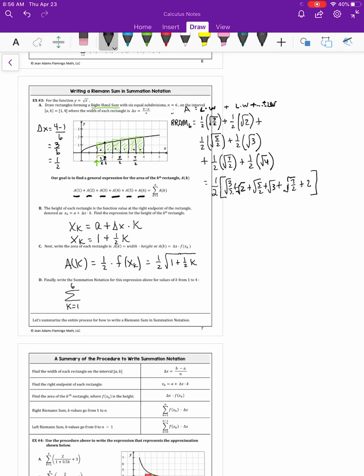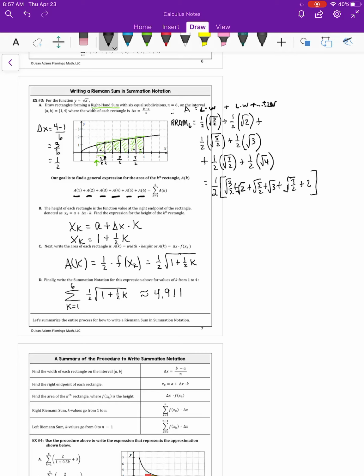Finally, write the summation notation for this expression above for values of k from 1 to 4. So we've got summation. Now, we want to be careful, because if we were doing them with a width of 1, it would just be from 1 to 4. But we want to end up with 6 rectangles.